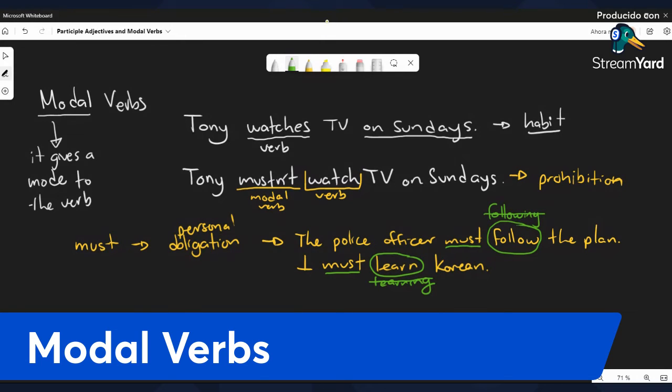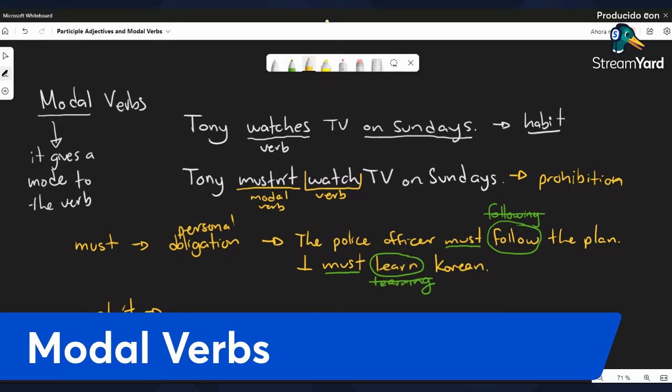Okay, guys, this is the first one. We're going to learn a few of them, maybe five. That will be a good number. There are many modal verbs, but we're just going to see some of them, so we don't overwhelm you with a lot of information. But mustn't, for example, is the same as must not.